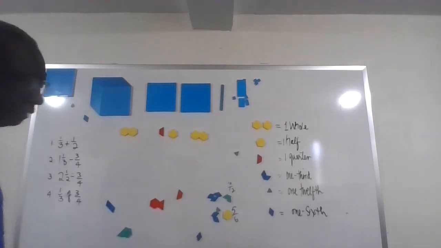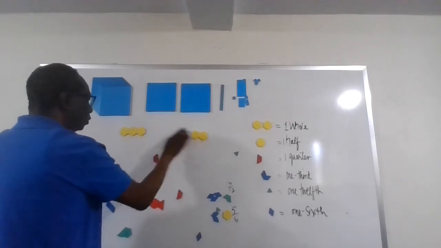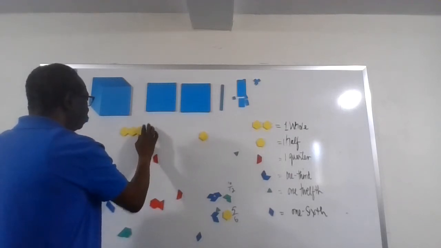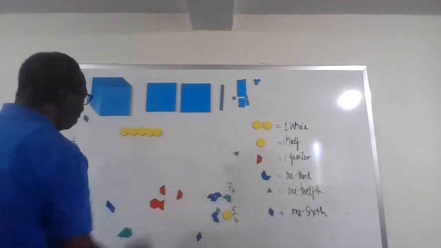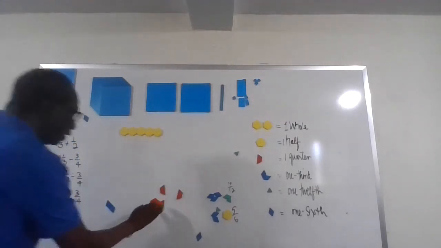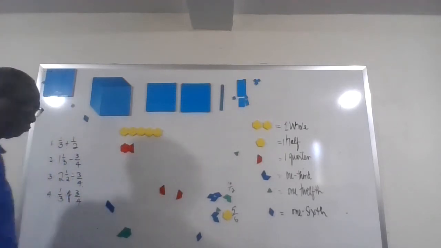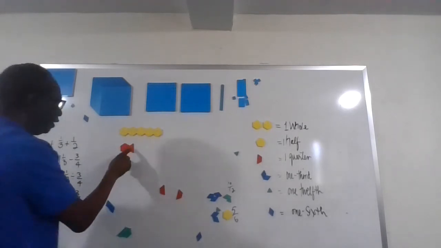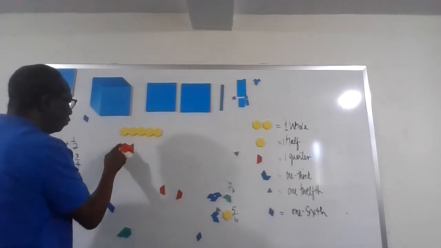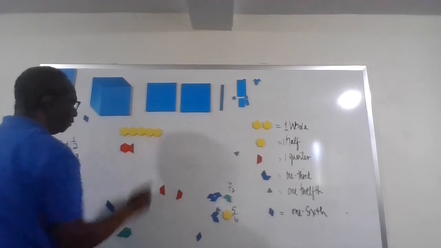I'm going to try that again. So here is my 2 wholes and 1/2. I want to know how many times I can cut out this shape, this exact shape from that. You can see clearly, you have 2, 4, 6, 8, 10.